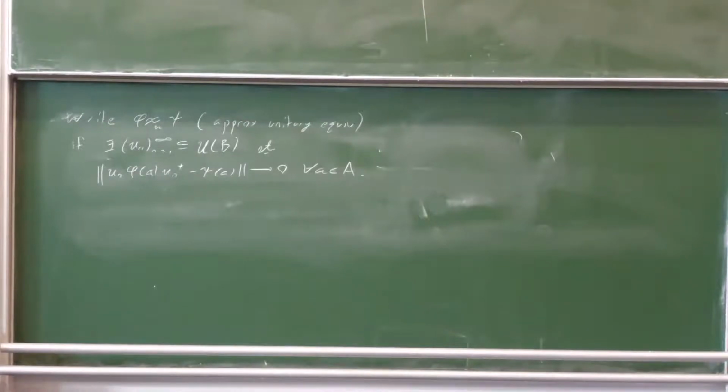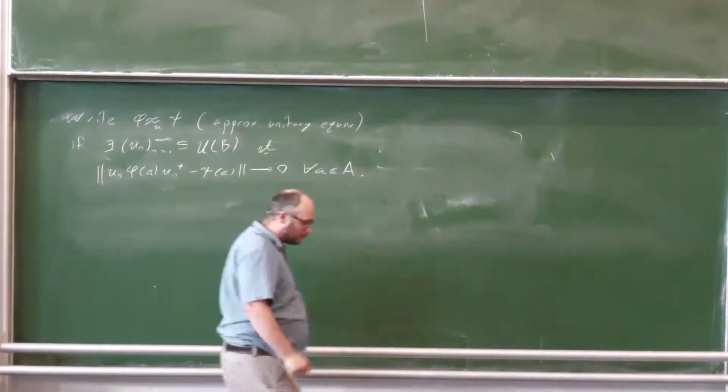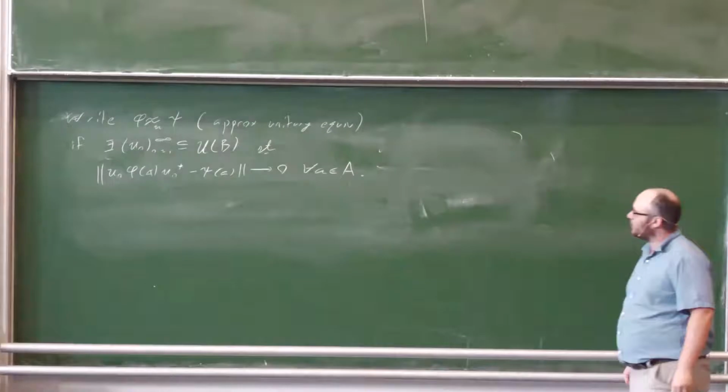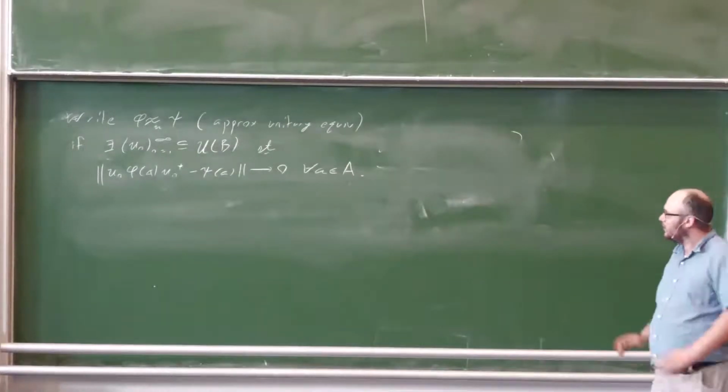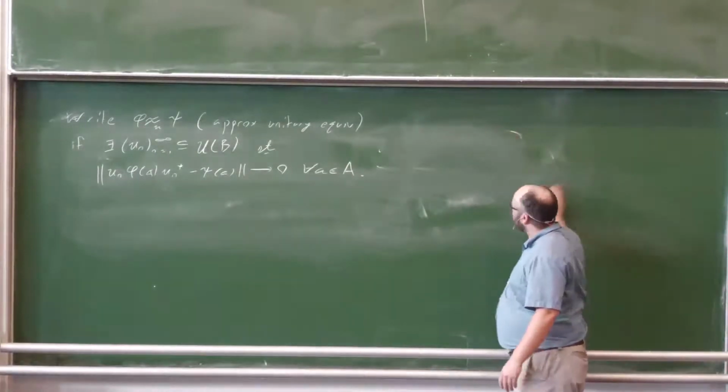I'm assuming algebras are unital just because I don't want to deal with unitizations. You could do a non-unital version. If the domain wasn't separable, you'd probably should use nets, but everything else I'm going to say about this is false in the non-separable setting. Anyway, so I'll just keep it separable.